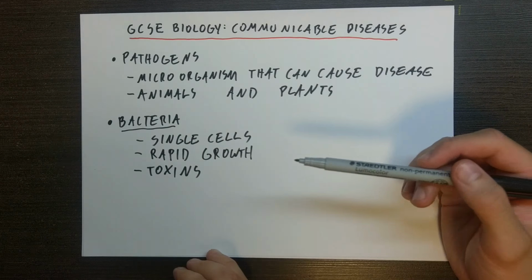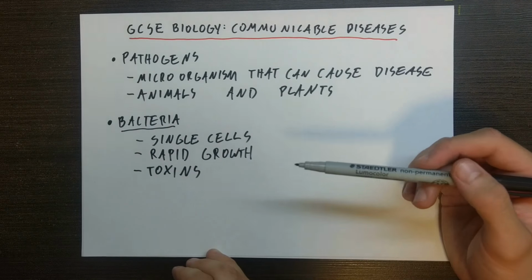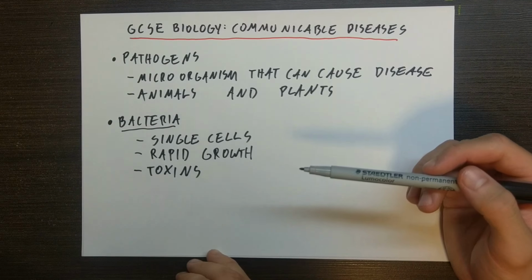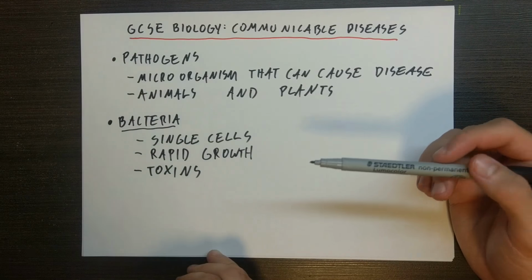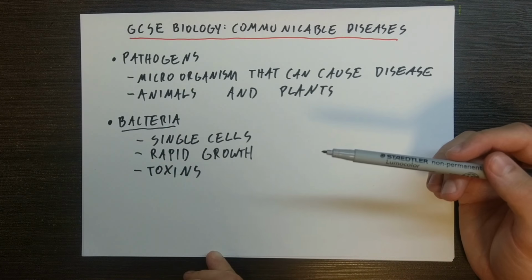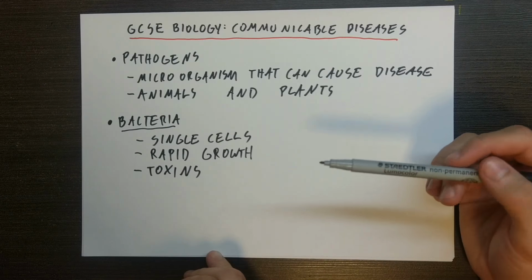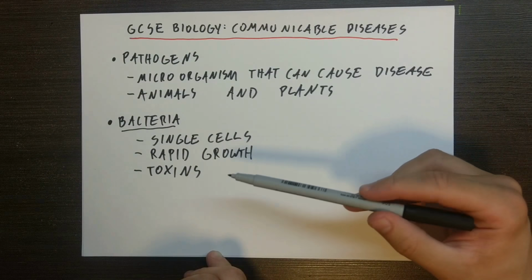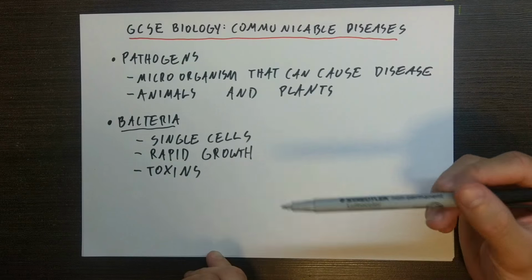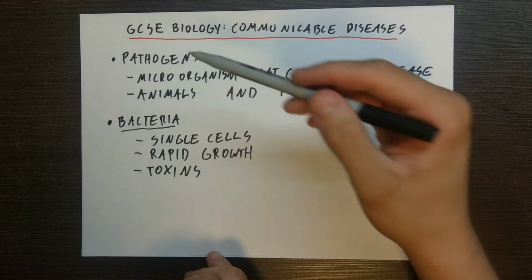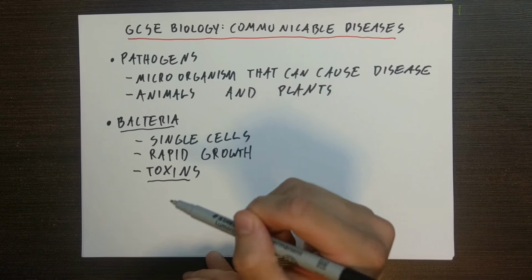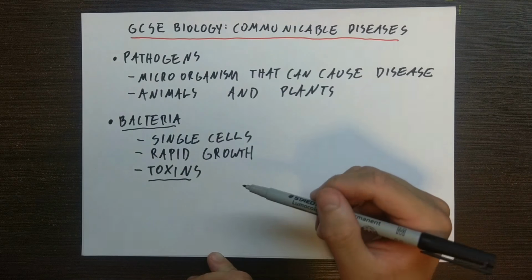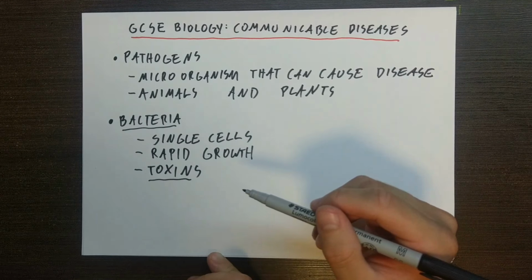And these toxins can lead to cell and tissue damage in our body, which in turn can make us ill. So this isn't entirely true, because in reality it is our body's response to that damage that makes us ill. But as far as GCSE is concerned, it is those toxins that can make us ill. So that is it about bacteria.